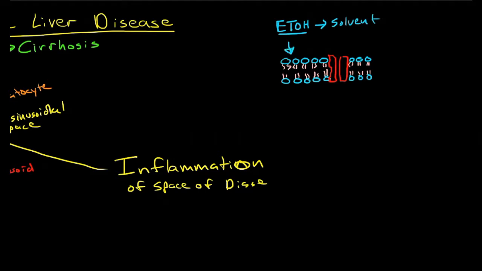Typically we don't ingest enough alcohol to have a high enough concentration to completely dissolve our phospholipid membranes. However, even a relatively small concentration of ethyl alcohol in our interstitial space can begin to loosen and disrupt the phospholipid membrane and make it act more like a liquid.